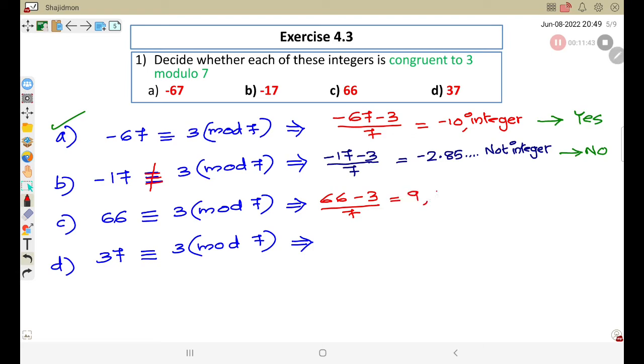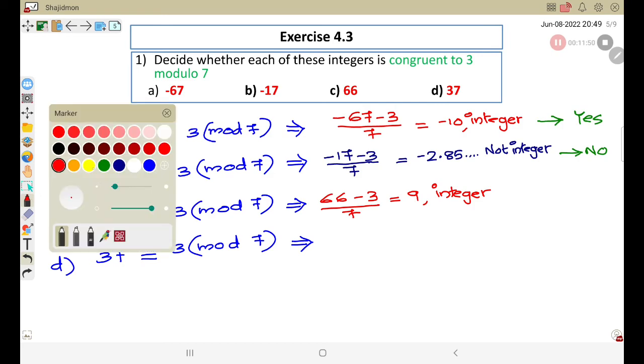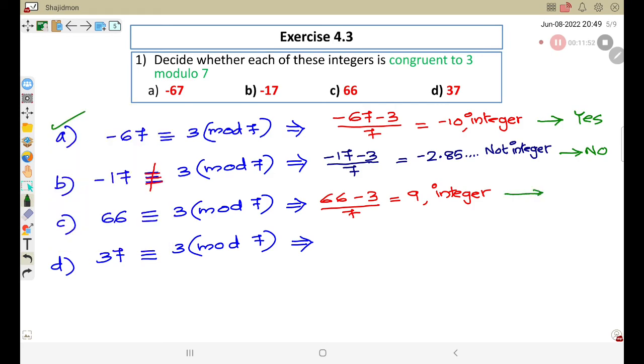Equal to 9. 9 means it is an integer. If it is an integer, the answer is yes, it is congruent. So that symbol is correct. Now question D, 37 congruent to 3 mod 7. Again we can check.